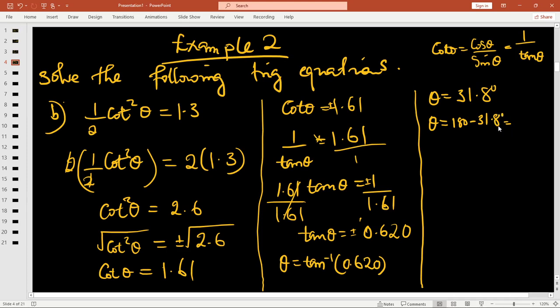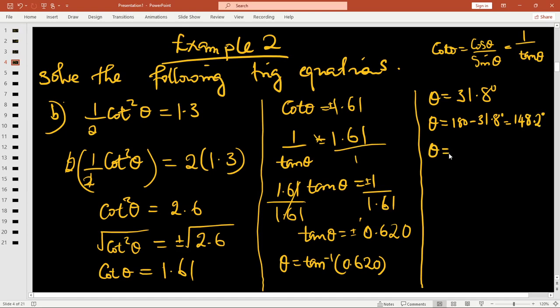So this will give us 180 degrees minus 31.8. So we get 148.2 degrees.